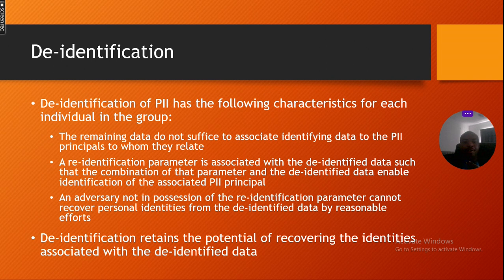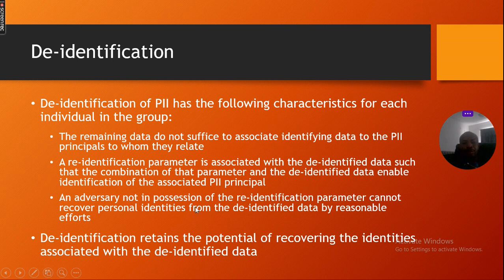An adversary not in possession of the re-identification parameter cannot recover personal identity from the data. So anyone who wants to attack your data, if he doesn't have a re-identification parameter, cannot recover the rightful owners of this information. So a re-identification parameter is key for breaking the de-identified information and getting the right identification.